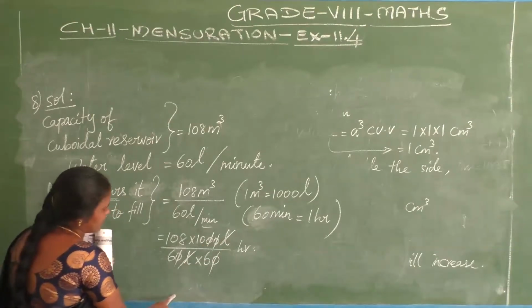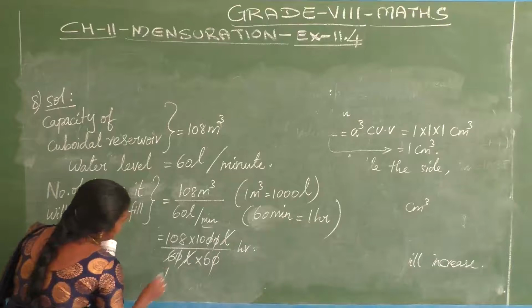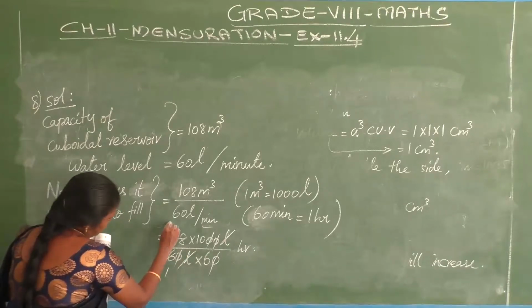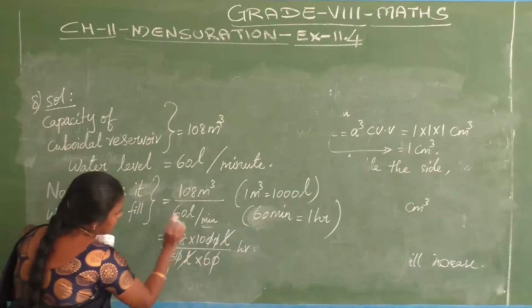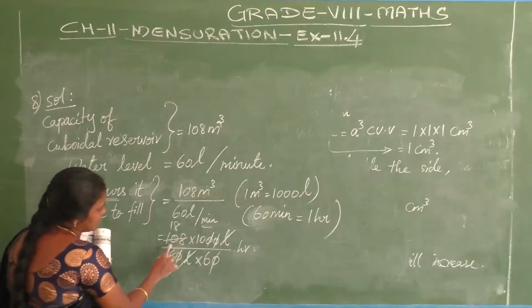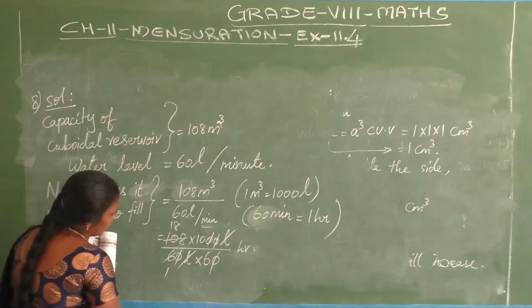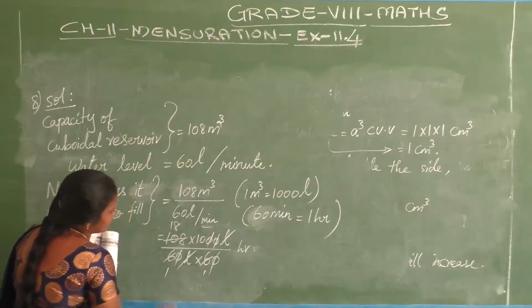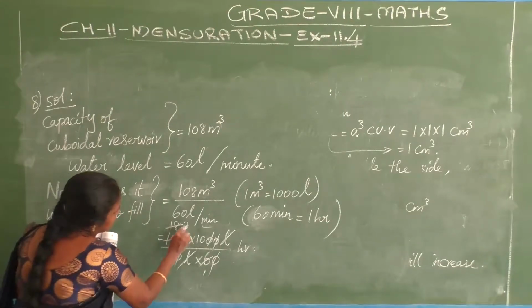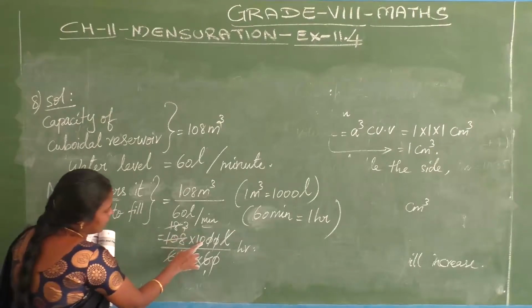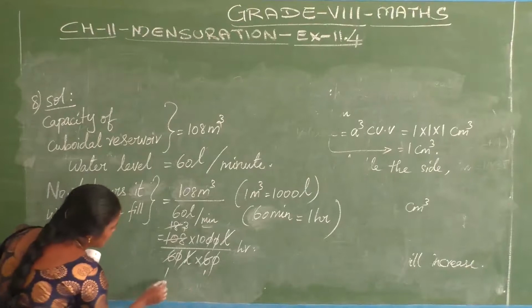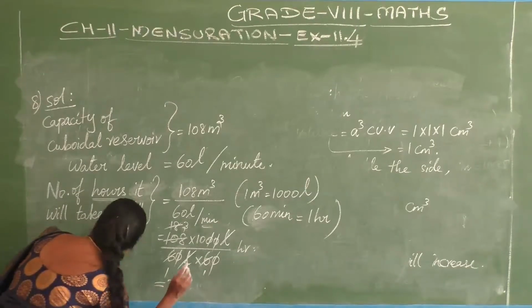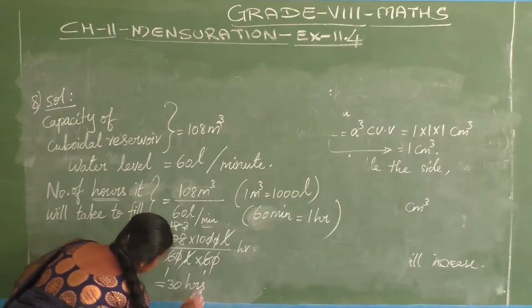Zeros are cancelled. Then 1 6 is 6, remainder 4, 48. 8 6 are 48. 18 6 are 108. Again 1 6 is 6, here 3 6 are 18. 3 into 10 means 30. Final answer: 30 hours.